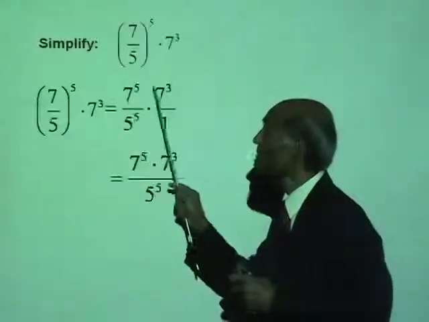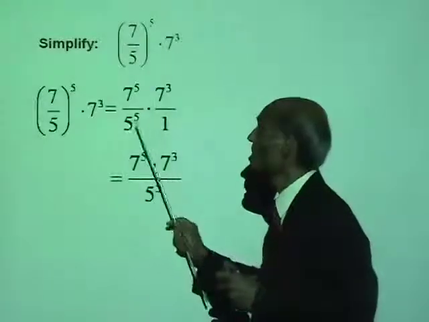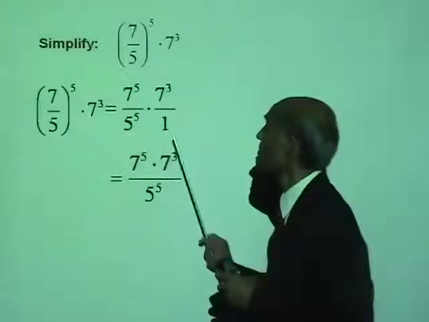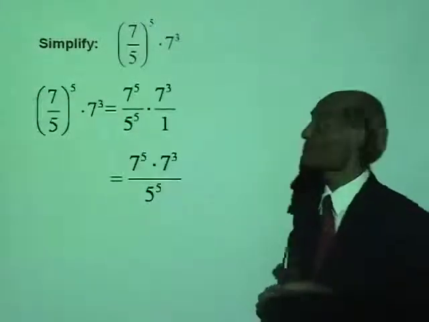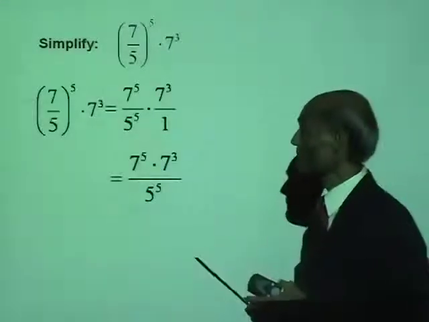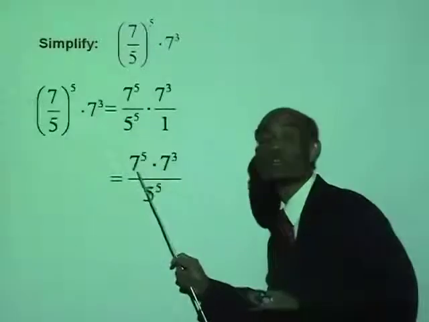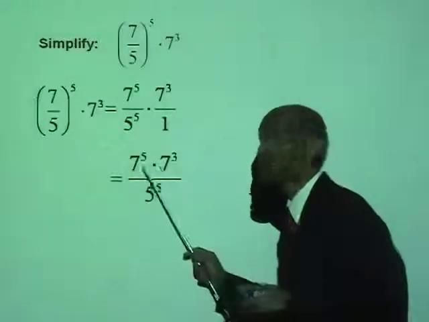So multiply the numerators. What does multiplying the numerators give you? That will be 7 to the power of 5 times 7 to the power of 3 on the numerator, divided by 5 to the power of 5. And now, on the numerator, we can use the product rule, because the bases are now the same.